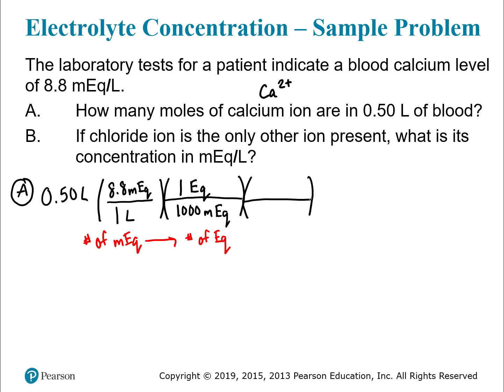Since its ionic charge is 2+, that means that we get 2 equivalents of charge for every 1 mole of calcium ions. Remember that charge, the 2, tells us how many equivalents.